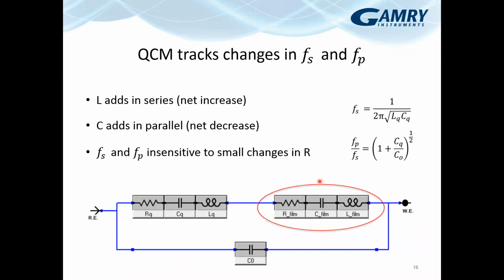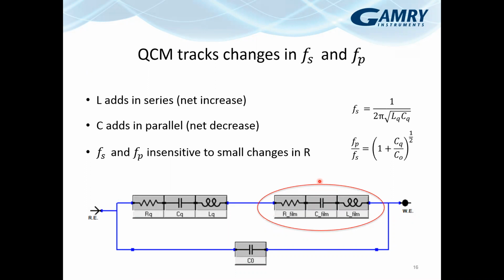What I'm basically saying, the takeaway message here and in all of this analysis, is that a QCM tracks a frequency shift, and it does this by looking at the impedance characteristics of the crystal. It's this impedance that the electronics is reading and running some kind of algorithm to pull out this information as accurately as possible.